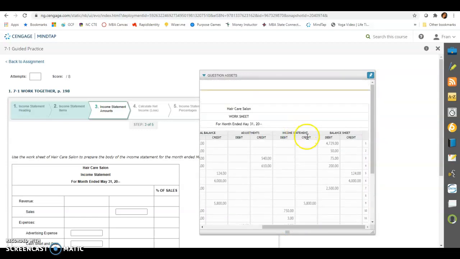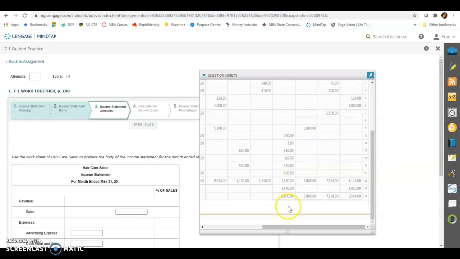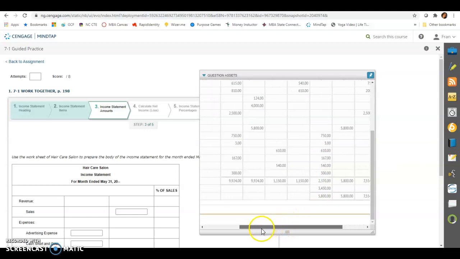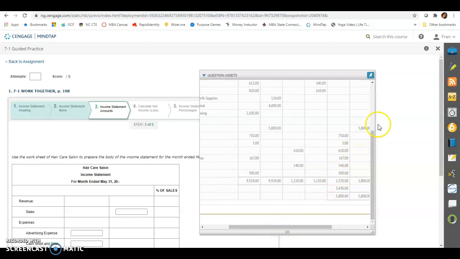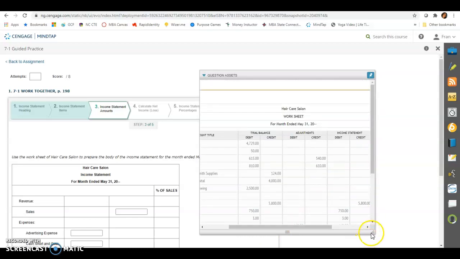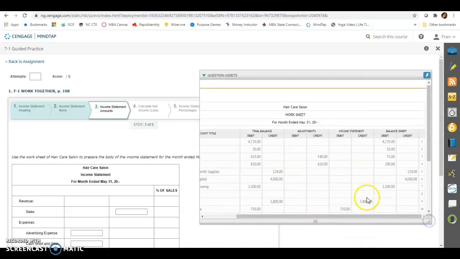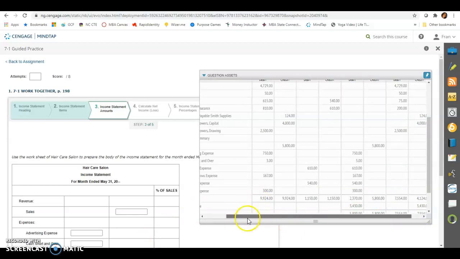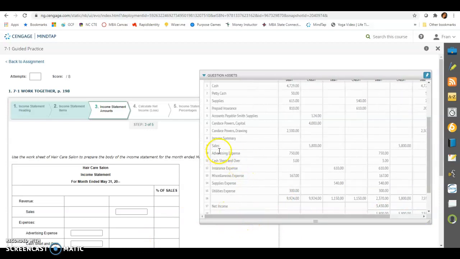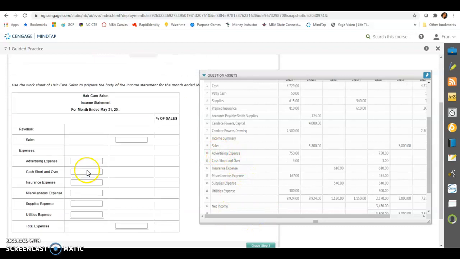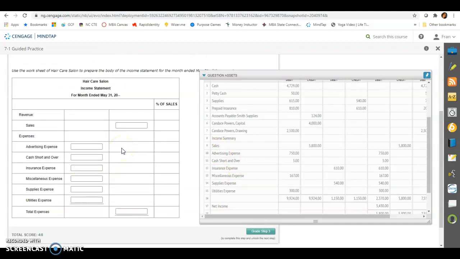And you know the right is the credit and the left is the debit. All right, so we start here with sales, and this is very simple. All we're going to do is transfer the amounts over to the income statement. So we start with sales of $5,800. We put that down here.